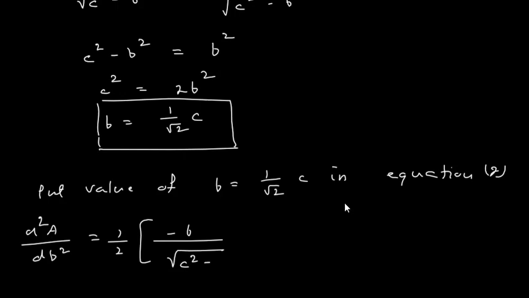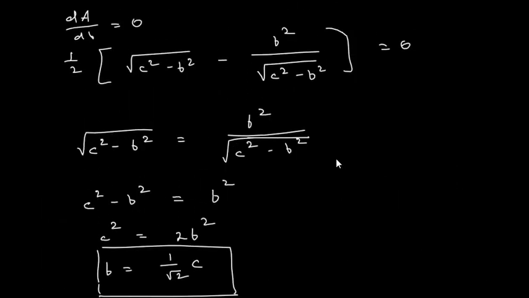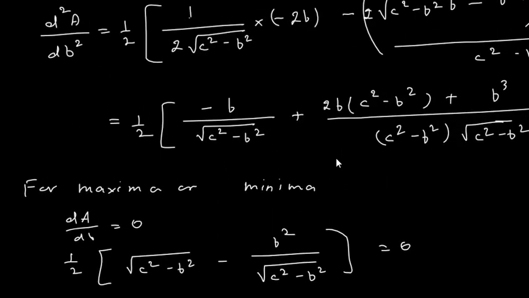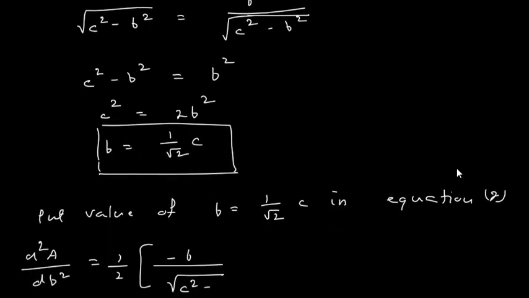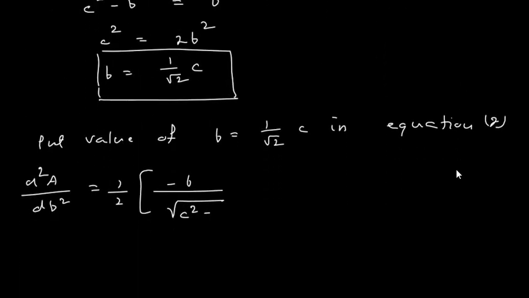It is better that I convert b in terms of c. So here in the numerator I will write this minus b as c upon root 2. So this is c upon root 2 divided by c square minus b square, which I will write as 1 upon 2 c square.